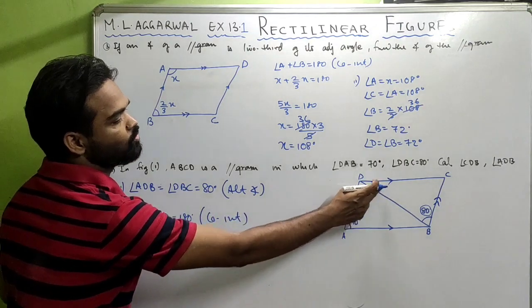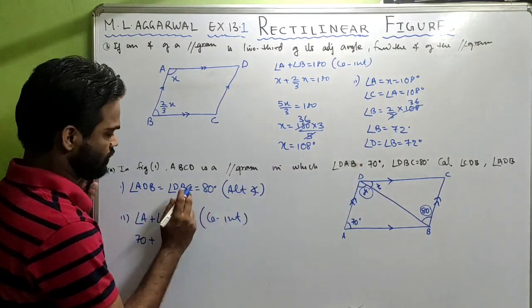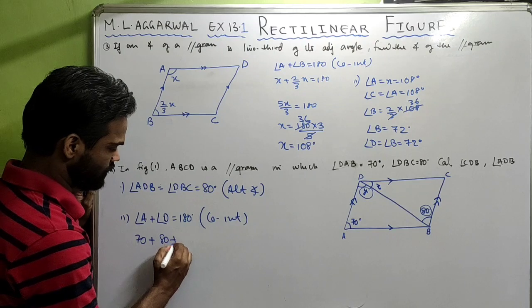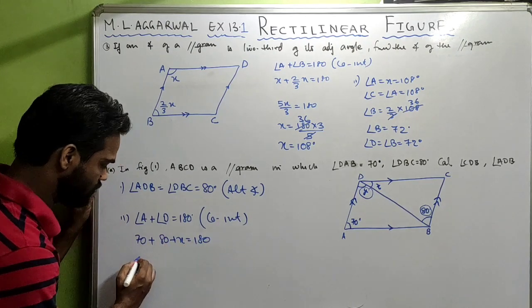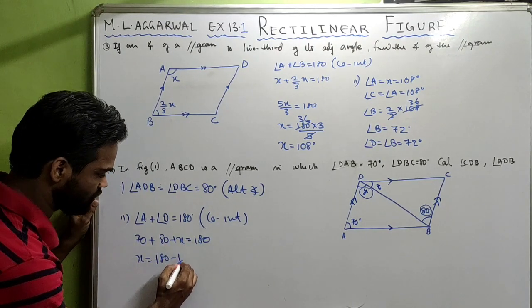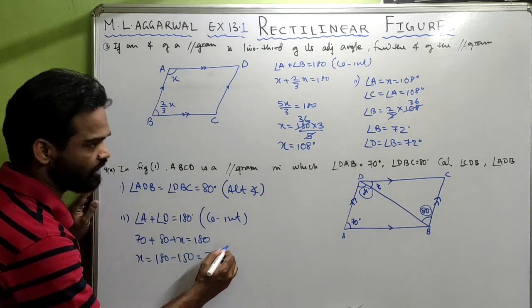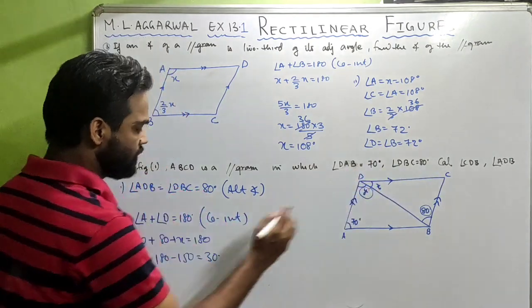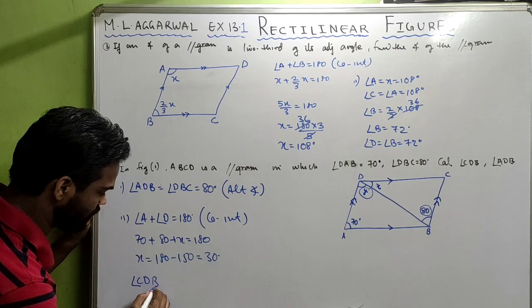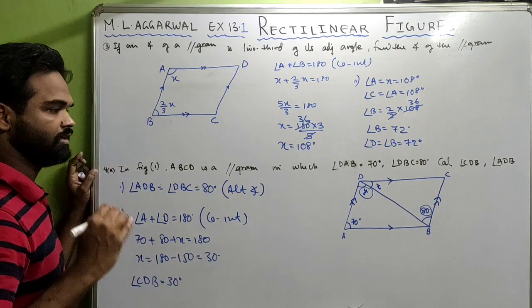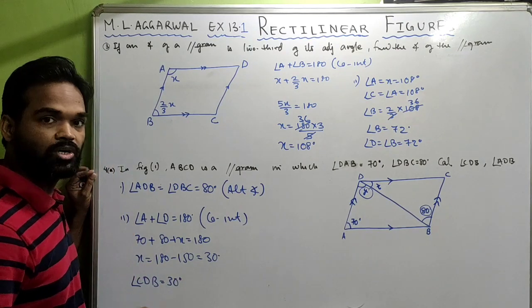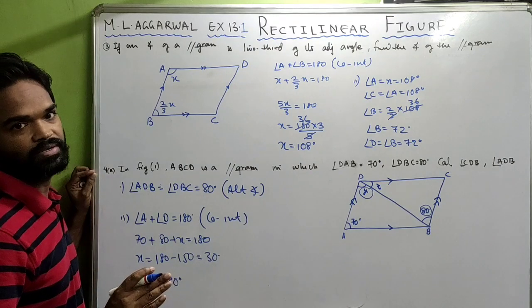Angle D is split into two parts, Y plus X. We know the value of Y. That's 80. So 80 plus X is 180. So X is what? 180 minus 150. That's 30 degrees. And X is nothing but CDB, which means angle CDB is equal to 30 degrees. Done. You need to remember all the properties.